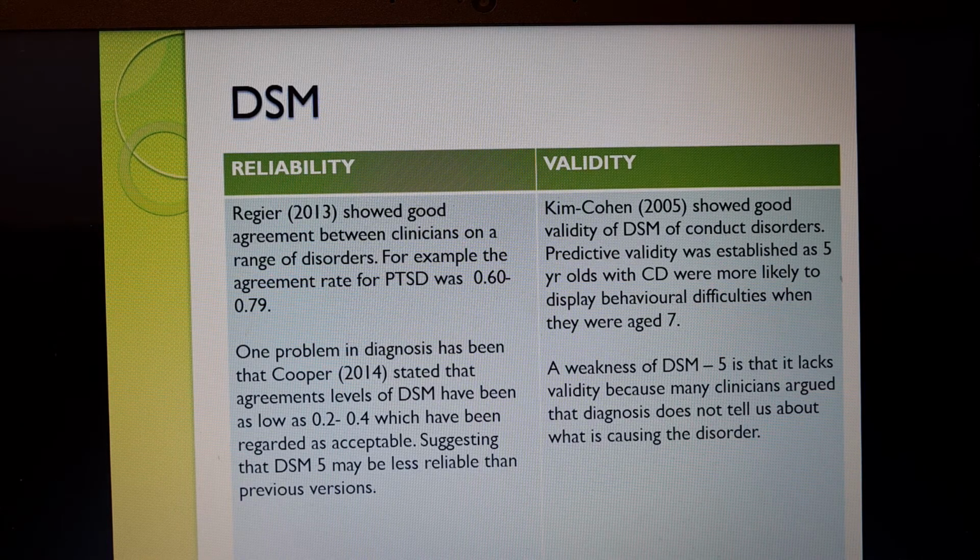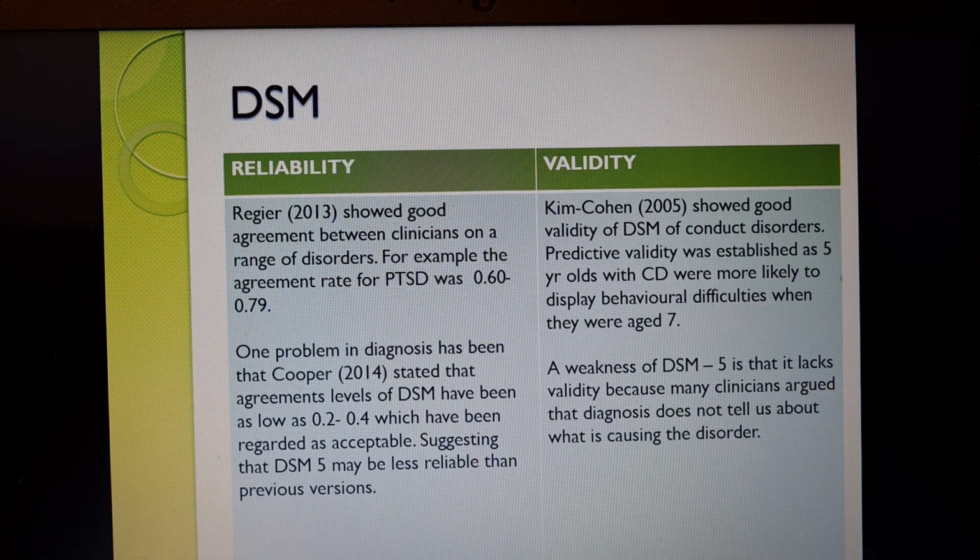Kim Cohen 2005 on validity showed good validity of DSM conduct disorders. Furthermore, predictability was also established as 5-year-olds with conduct disorder were more likely to display behavioural difficulties when they were aged 7.